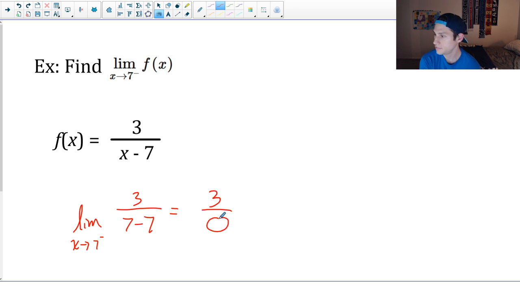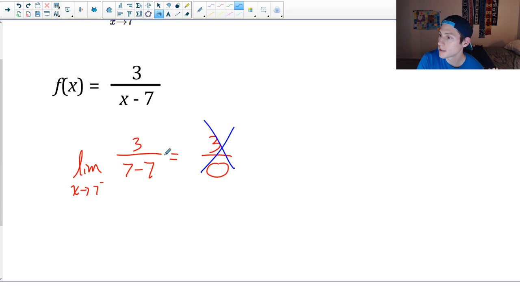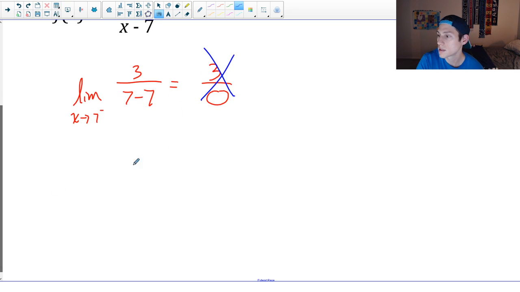Yikes. Okay, so again, we can't divide by 0, and I can't factor here or anything, so I'm kind of stuck. But let's actually start to think about what this could actually mean.